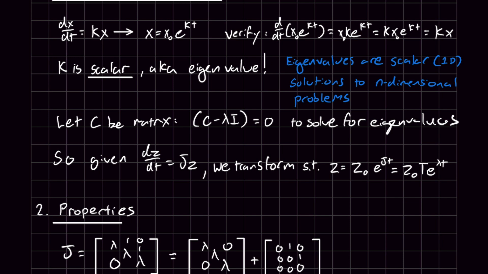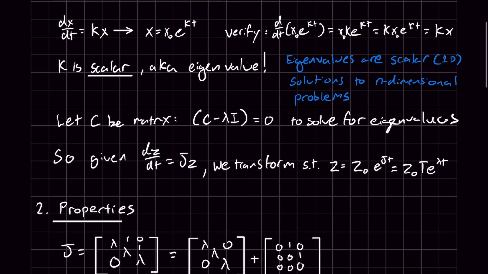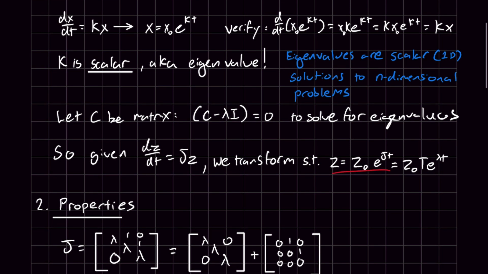So now let's say you're given dz over dt equals Jz, where J is a matrix, right? We want to transform this such that z equals z0 times e to the Jt. Okay, this is literally the given solution here. But then this also will equal z times the transform of e to the lambda t.